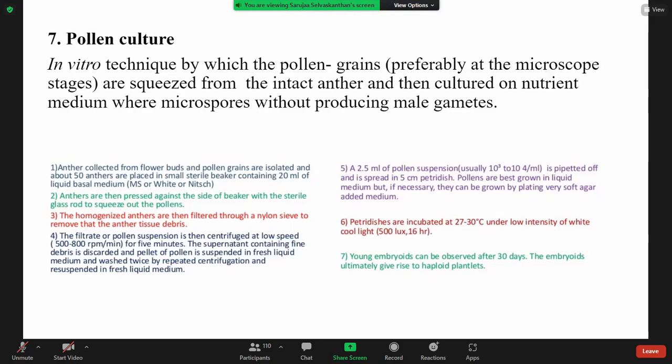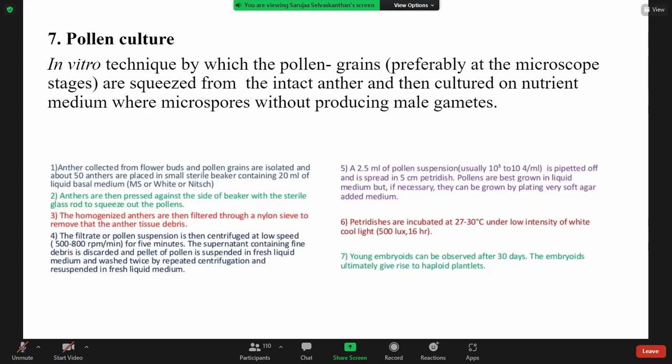Now the pollen suspension is ready after removing all the tiny debris. We can pipette out whatever amount we need and spread it in a petri dish.